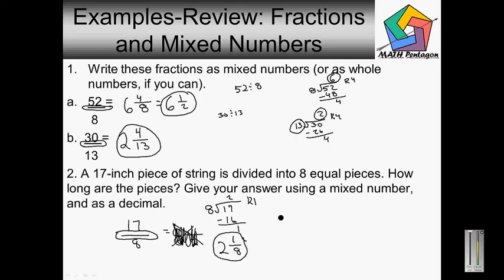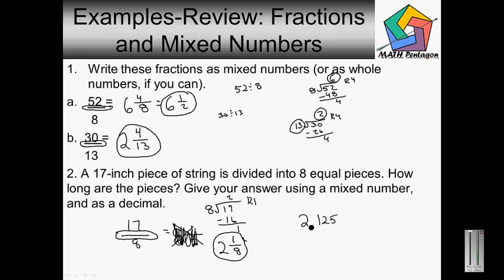And so we have our answer as a mixed number, and we can change this to a decimal. By changing it, we would put the 2 before the decimal point, and we would just divide 1 divided by 8, and it would give us 125.